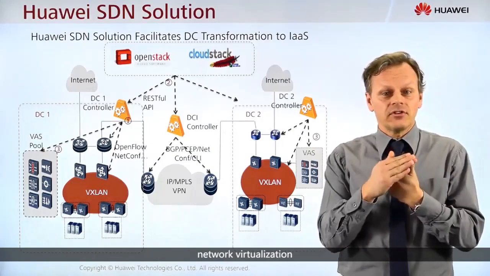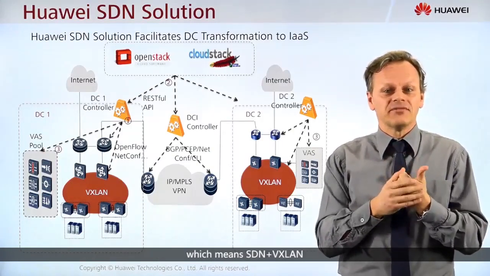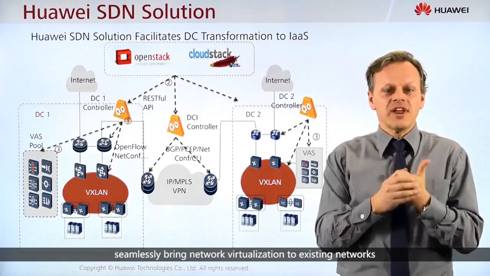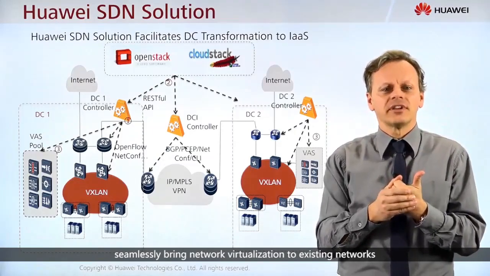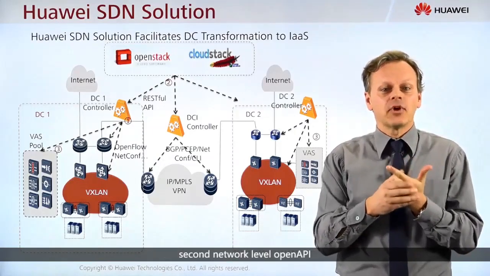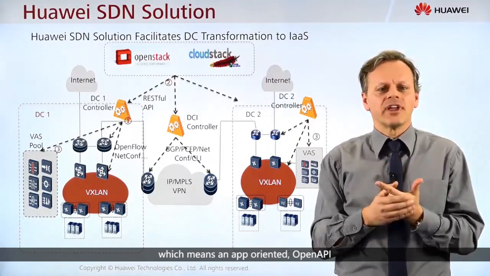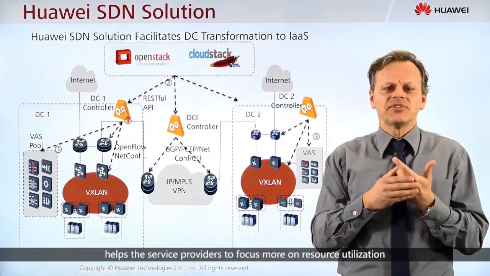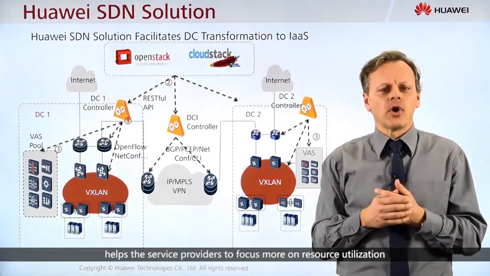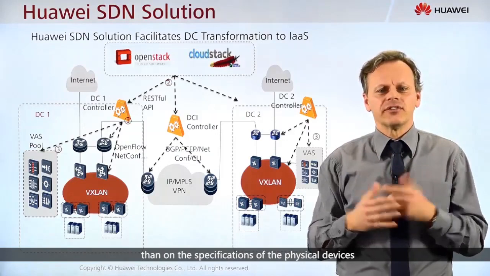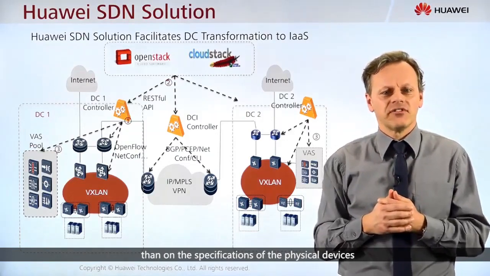Network virtualization, which means SDN plus VXLAN seamlessly bring network virtualization to existing networks. Second, network level open API, which means an app-oriented open API helps the service providers to focus more on resource utilization than on the specifications of their physical devices.